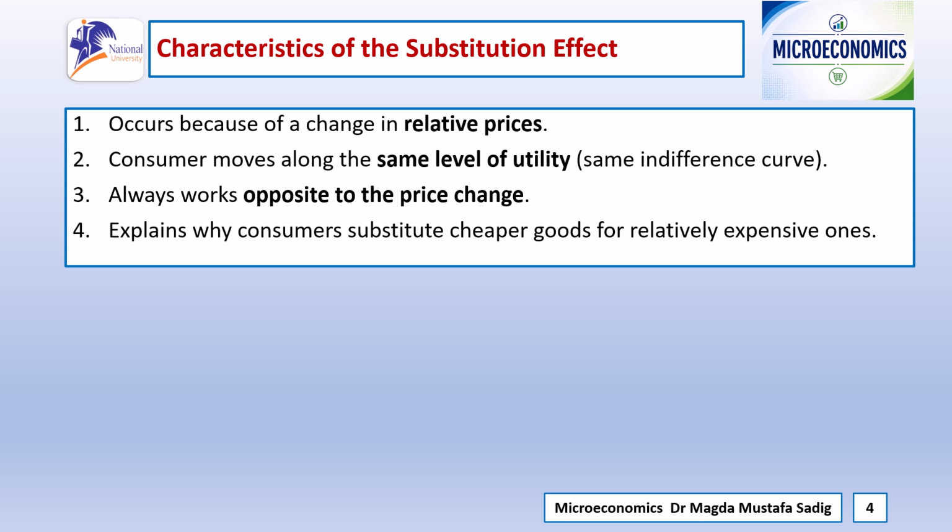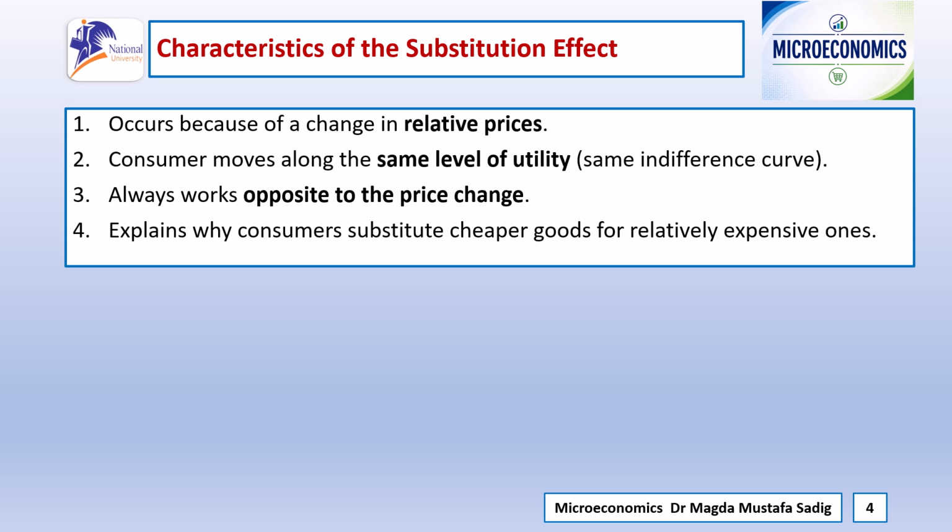Characteristics of the substitution effect. Let us summarize the key characteristics first. First, it occurs because relative prices change. Second, the consumer remains at the same level of satisfaction or utility, on the same indifference curve. Economists often illustrate this using an indifference curve.